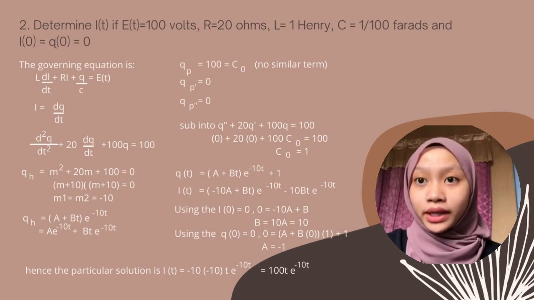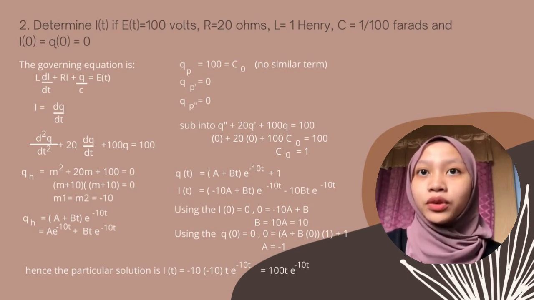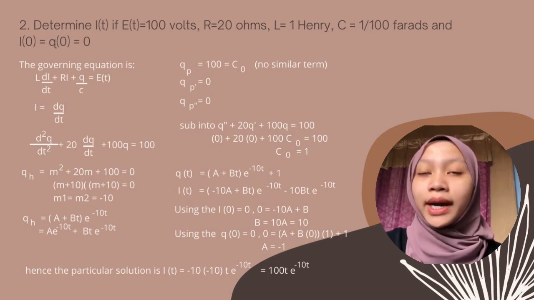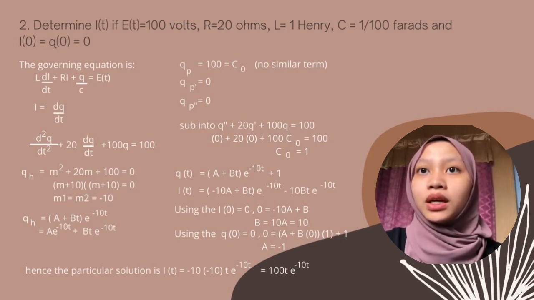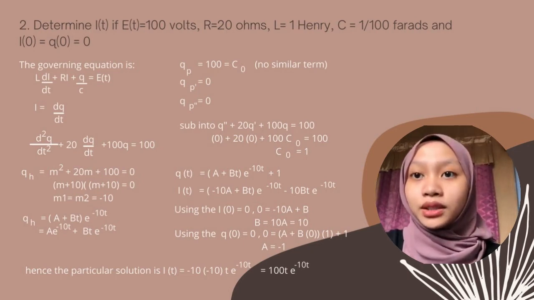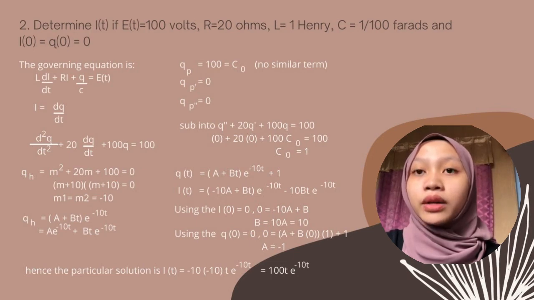Since we know i equals dq over dt, we have to differentiate the q(t) equation to get i(t). So we differentiate and then we get (negative 10A plus Bt) bracket e to the power of negative 10t minus 10Bt e to the power of negative 10t. By using the initial values, we know that when t equals 0, i equals 0.